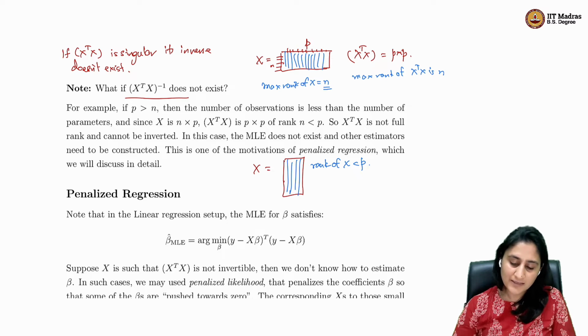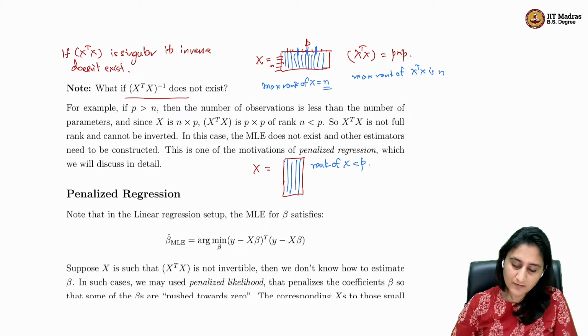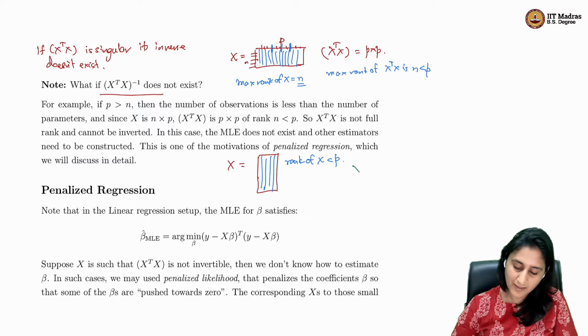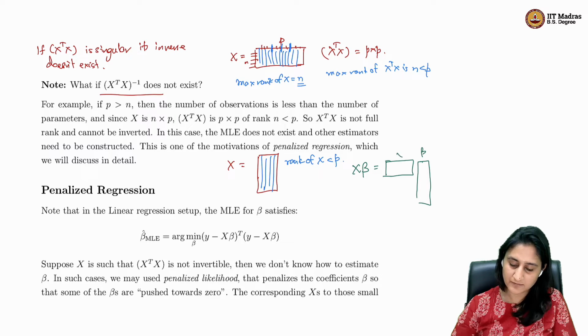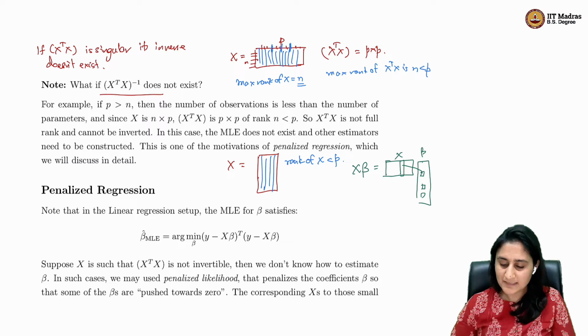If I can somehow push the regression coefficients of some of these columns towards zero, then when I finally calculate the product x beta, this just takes my fat matrix and multiplies with the corresponding beta vector, right? And if some of those are very close to zero, then the corresponding matrix products with them make that zero, right? So it basically negates the need for having that column.